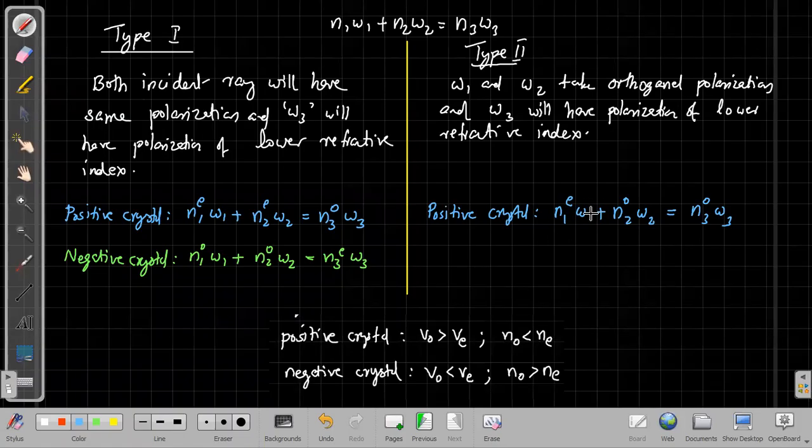You can write the other way around also, because omega 1 is of lesser frequency, so it will be better if omega 1 has the lesser refractive index. The textbook is written that way, so I'll follow the textbook notation: N1O and N2E. They should be mutually perpendicular. And what about the negative crystal?